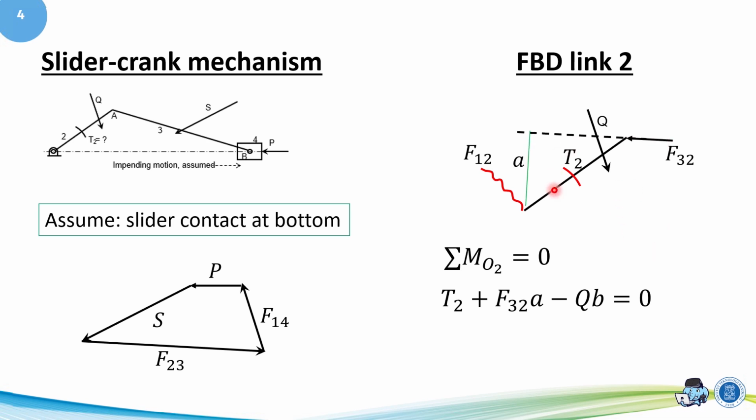First, we find the line of the shortest distance from the reference point to F32. Of course, this one is perpendicular, so we can know the value of A. Same method to find the value of B. And finally, we can get the value of T2. It is QB minus F32 times A.